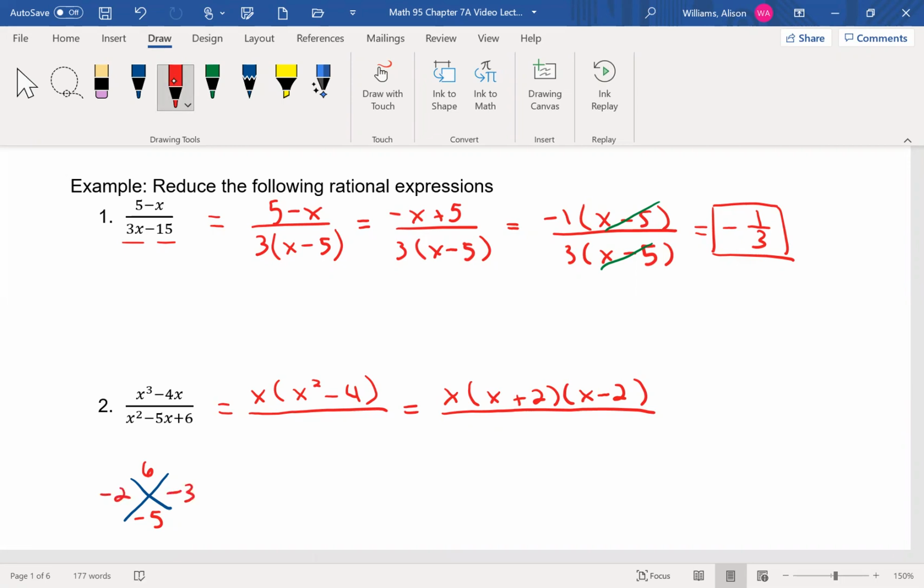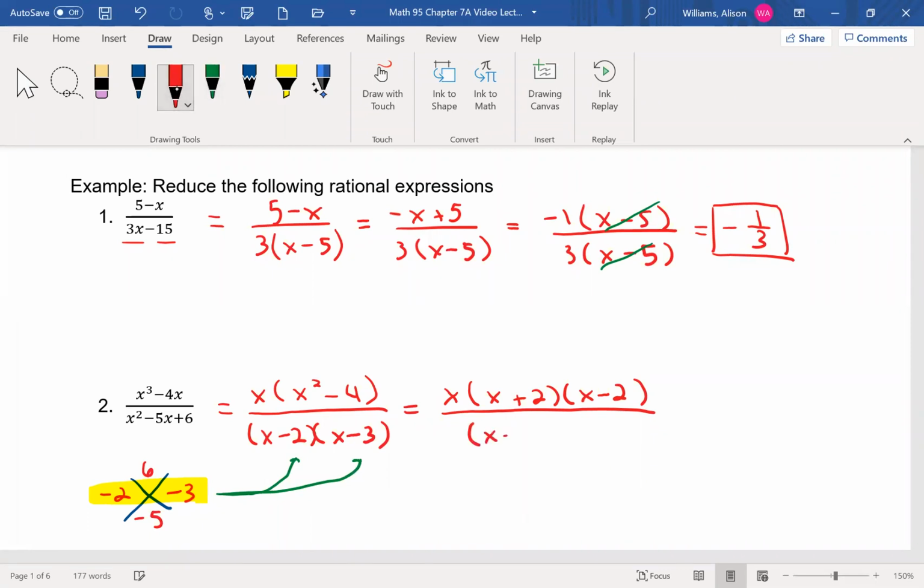It has to be -2 and -3 because they both have to be negative in order to multiply to be +6. So this factors into x minus 2 times x minus 3. I'm literally taking the -2 and the -3 and rewriting them as the numbers in the factors.